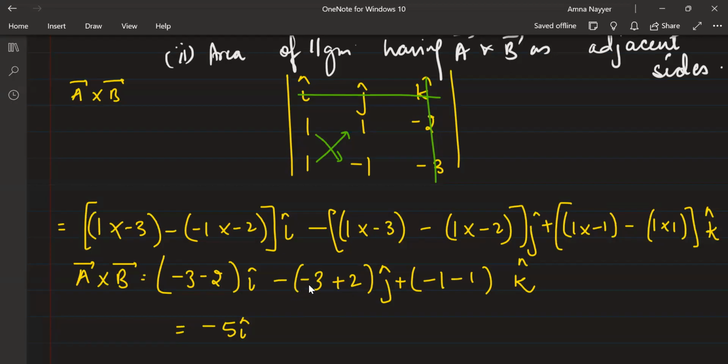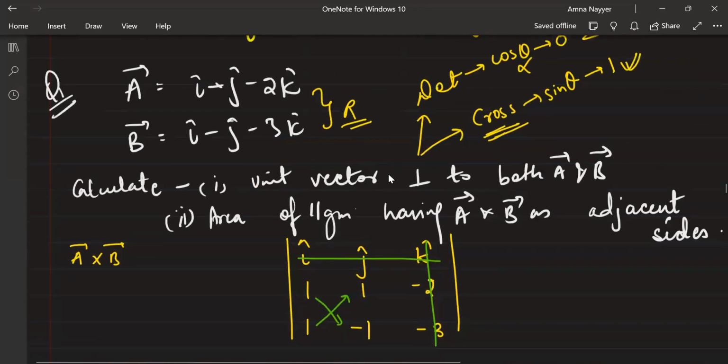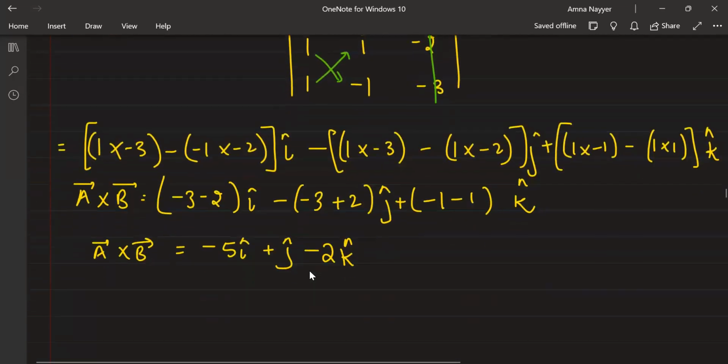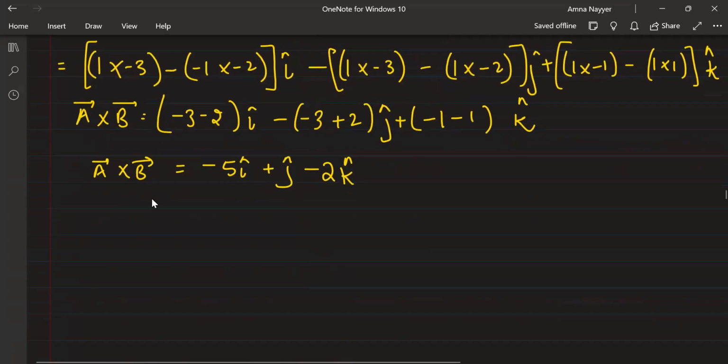So 2 minus 3 is minus 1, and minus 1 becomes plus j cap. And minus 1 minus 2 is minus 2 k cap. So this is A cross B. But is this our answer? Unit vector perpendicular to this means you have to make its unit vector.